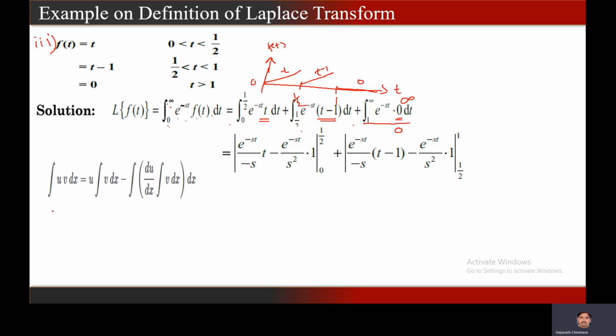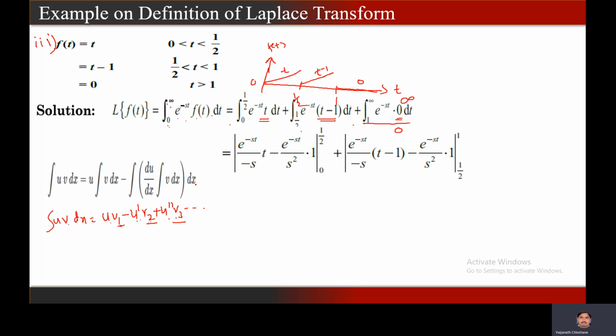Or we also use this formula: integration u v dx is equal to u v1 minus u dash v2 plus u double dash v3 minus and so on. Here v1 is the integration of v, v2 is the integration of v1, v3 is the integration of v2. Similarly, u dash is the derivative of u, u double dash is the derivative of u dash, and so on.